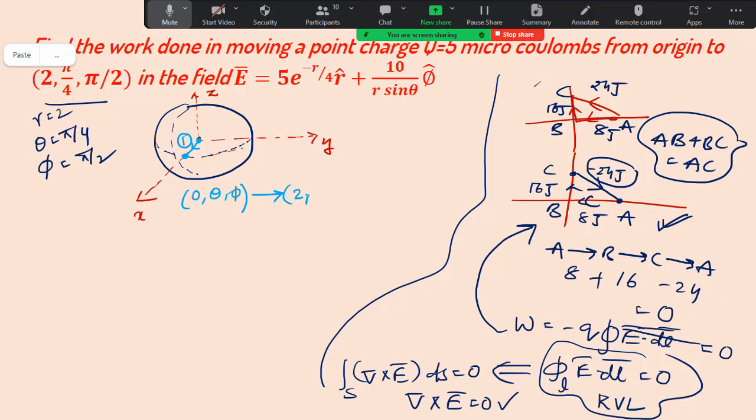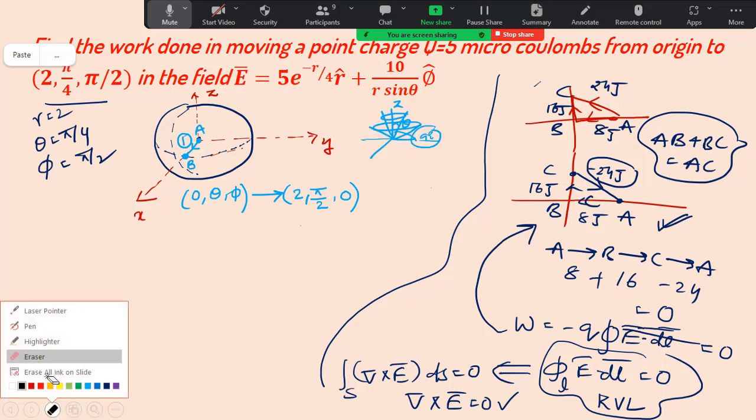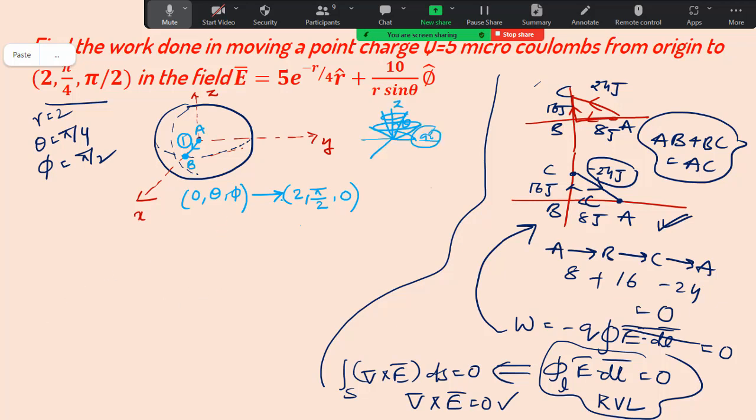This point is on the xy plane, so on the xy plane theta is pi by 2. Phi value we have to give. You are on the xz plane, so phi is 0. So this is the first path actually.